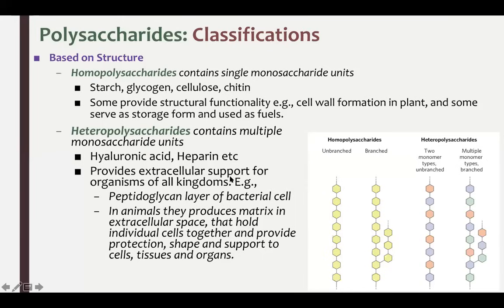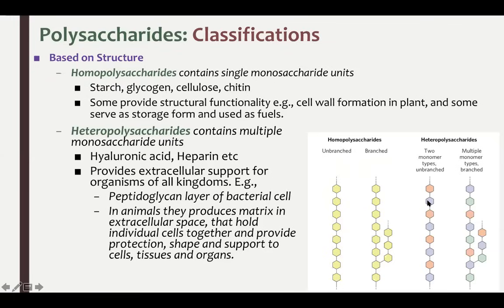Okay, so both the homopolysaccharide and heteropolysaccharides can be either branched or unbranched. If you look at this picture, this is an unbranched homopolysaccharide, and all the units are the same, so they are shown in yellow color. And this is a branched homopolysaccharide, so we can see here is a branch.